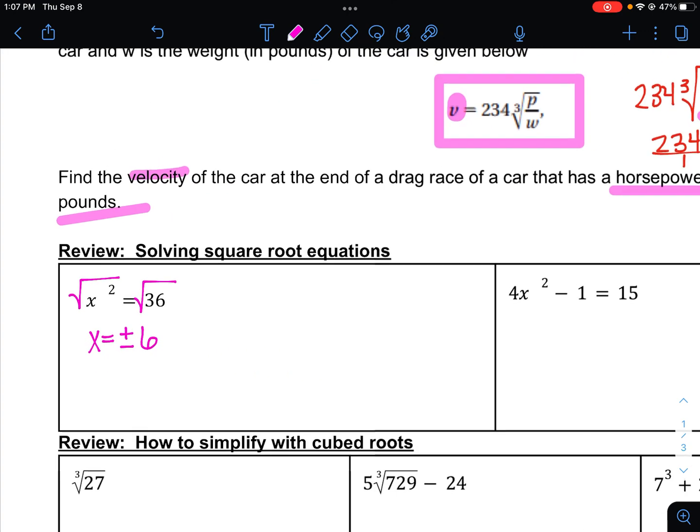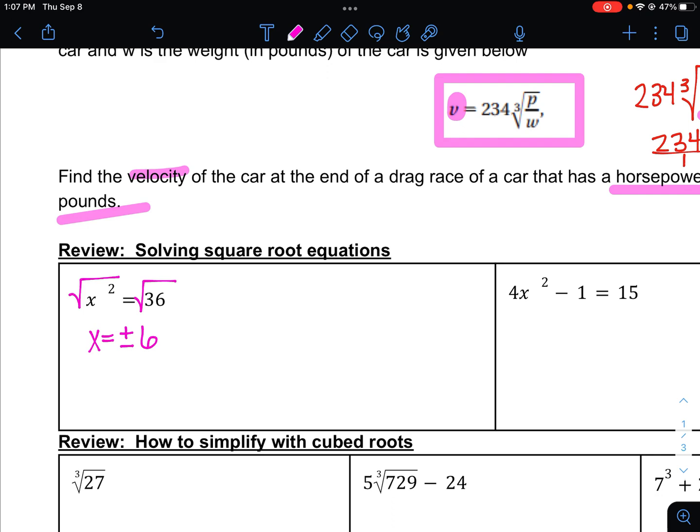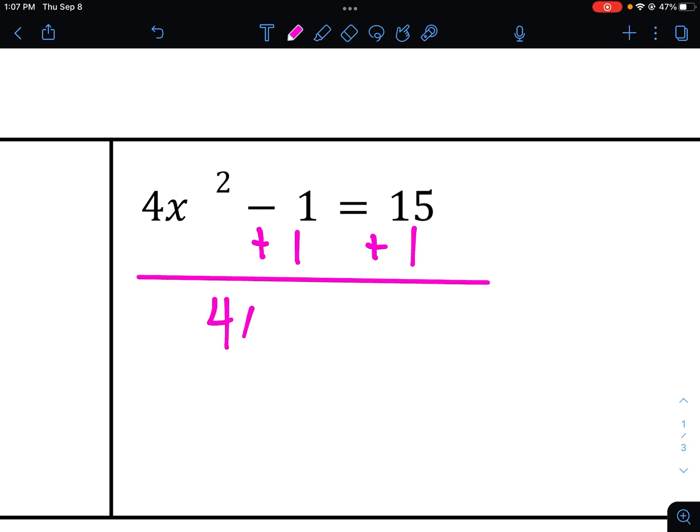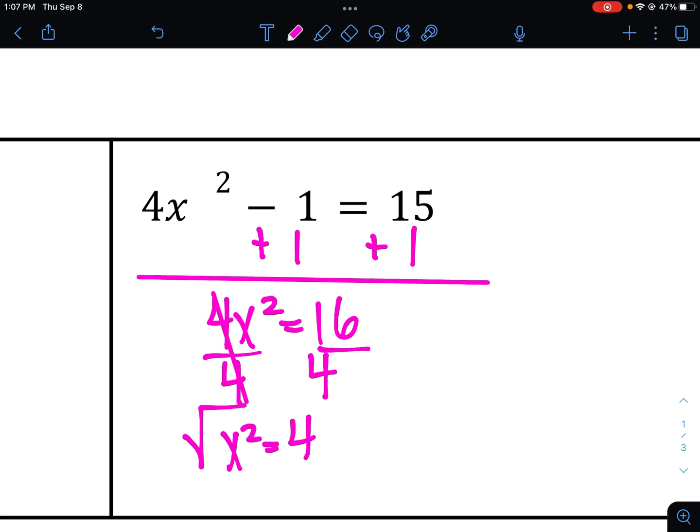Going over, work with your constant number first. So add 1 to both sides. Get 4x squared equals 16. Divide by 4 on both sides to get x squared by itself equals 4. And take the square root of both sides to get x is equal to plus or minus 2.